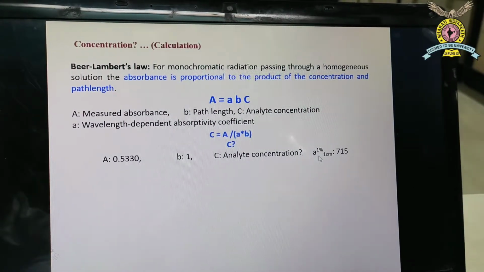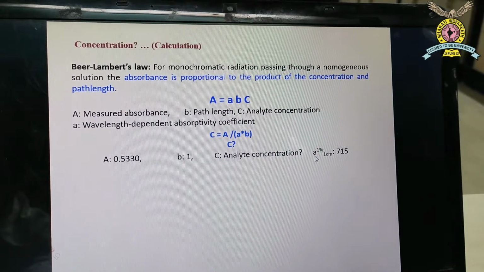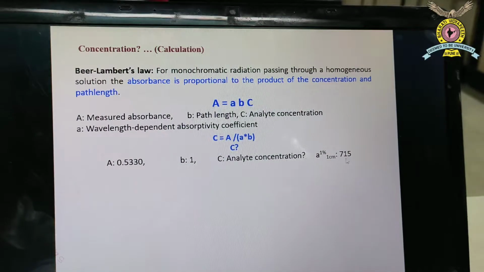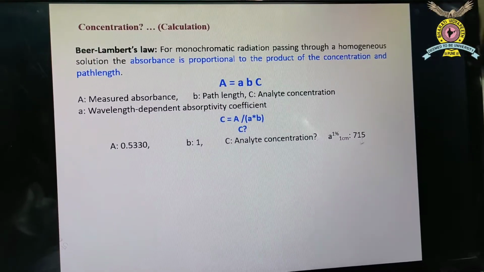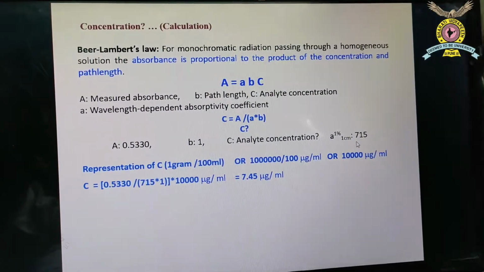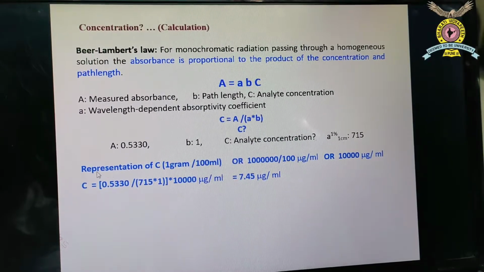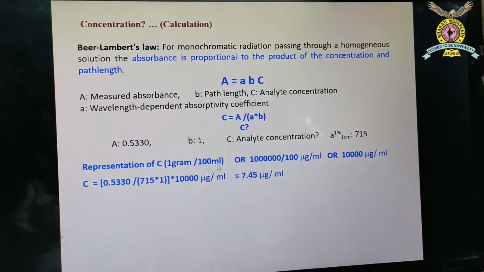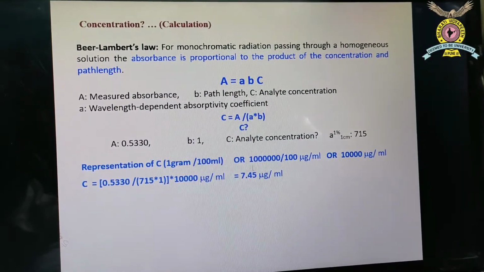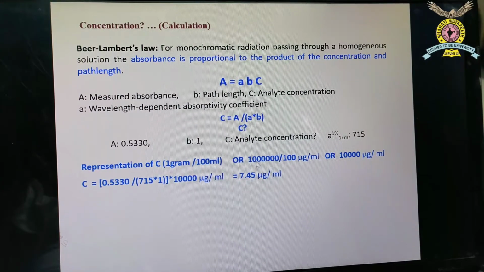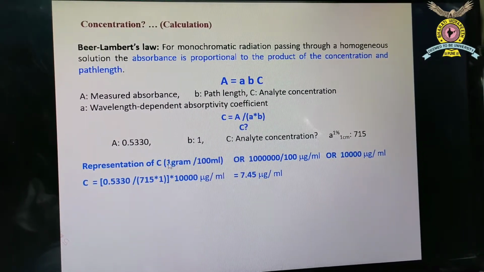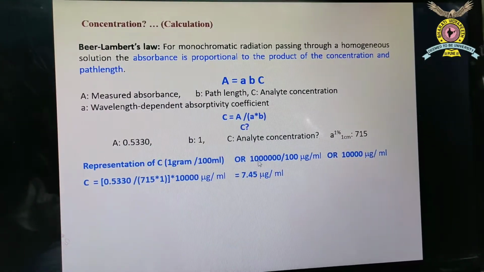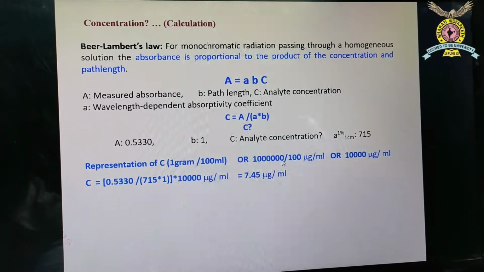And as per IP, we get this particular value, A 1%, 1 centimeter, that was 715. So we apply it. Here the representation of the concentration is 1 gram per 100 ml. It is 1%. So 1 gram per 100 ml. If we convert into microgram, 1 gram converts into 10 lakh microgram.